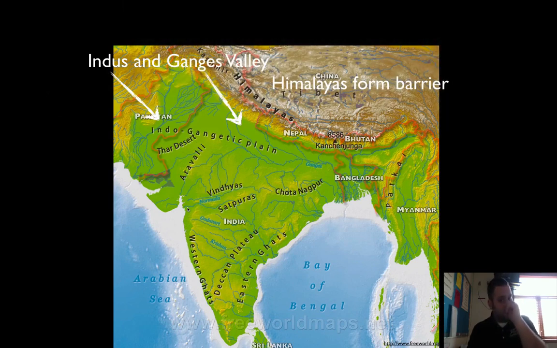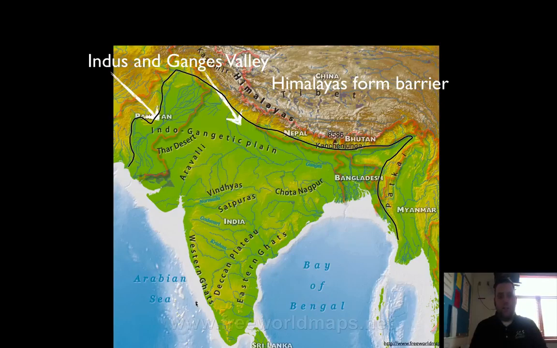Another natural barrier are the Himalayas. This is a mountain range located in the north of India, and there's also a smaller mountain range over this way. But notice wherever it's a yellowish, brownish color is where mountains or higher lands are. So here, these are natural barriers for India to the north and east and west.